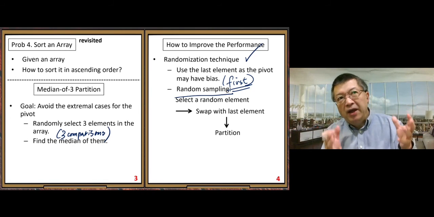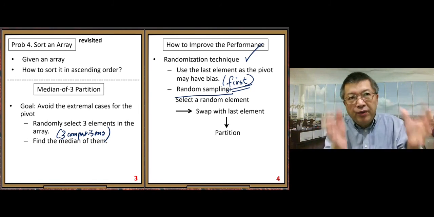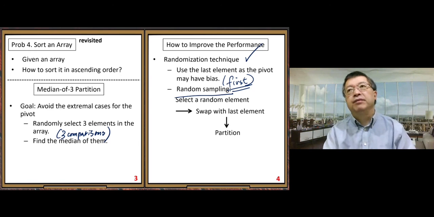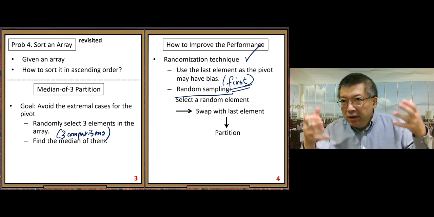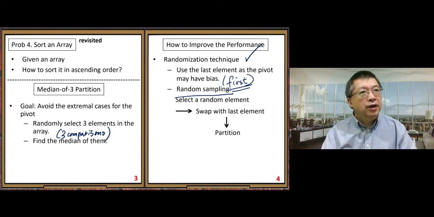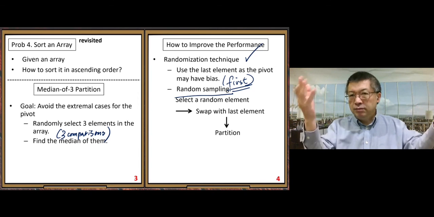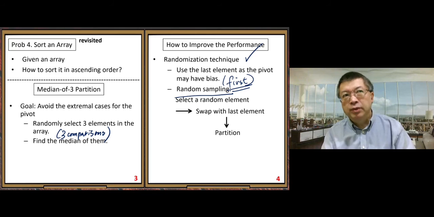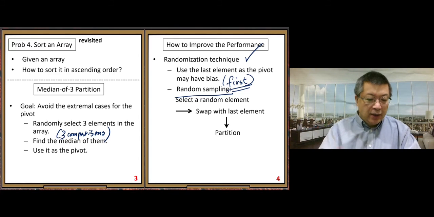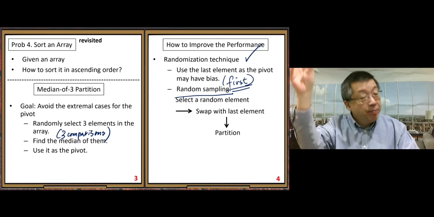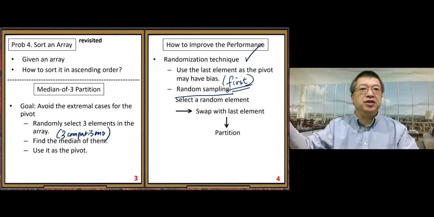So you pay these extra 3 comparisons as the overhead. Then you expect to get a little better efficiency as the payback. Okay, so that's what you hope. Yeah. All right. So then you use that median as the pivot. Then you run the partition.